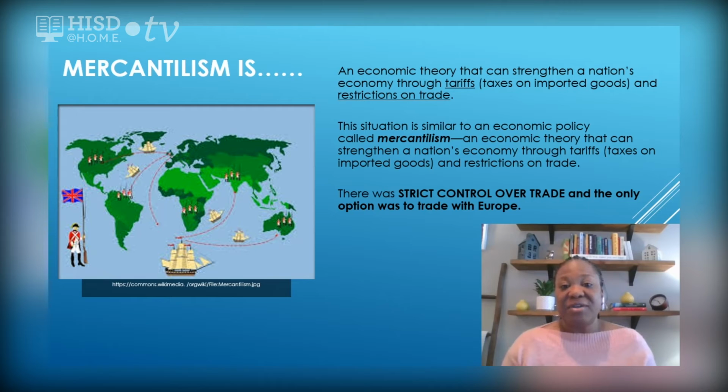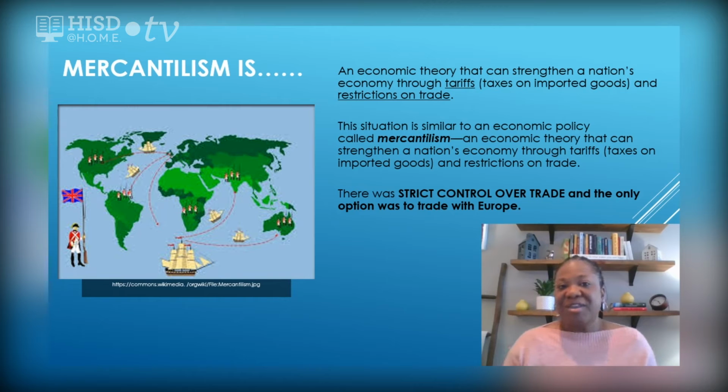It's an economic theory that can strengthen a nation's economy through tariffs, taxes on imported goods, or it can put restrictions on trade. This is what I want you to remember. There was strict control over trade, and that option was to trade with Europe. They were not allowed to trade with anybody else.